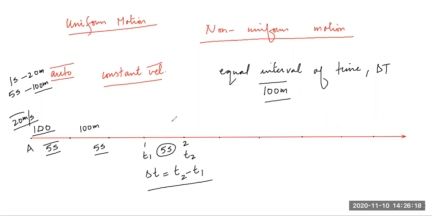The motion is said to be uniform motion. Am I right, students? The motion is said to be uniform motion. What is non-uniform motion?